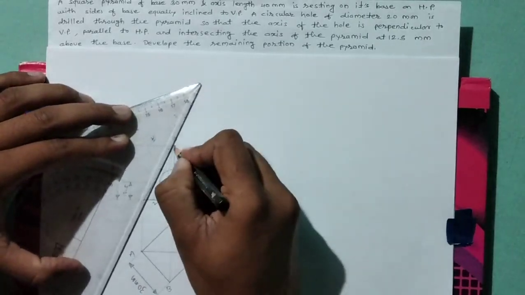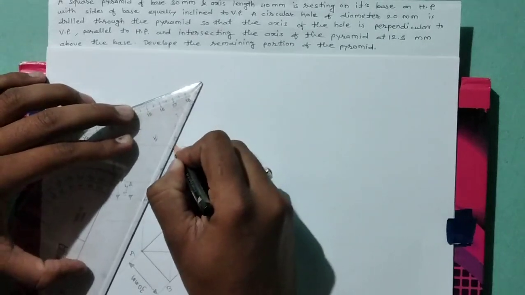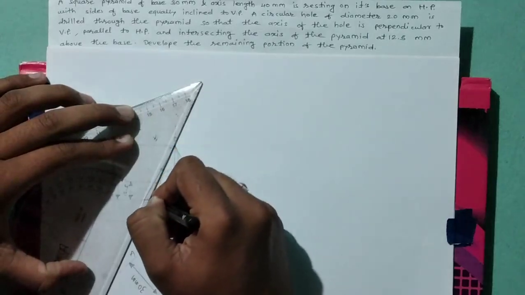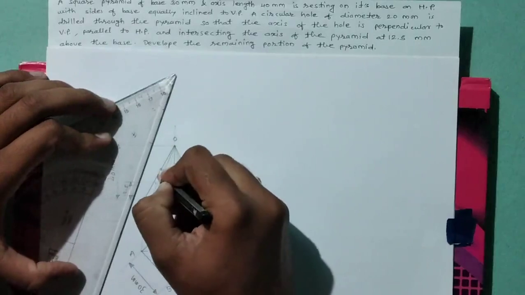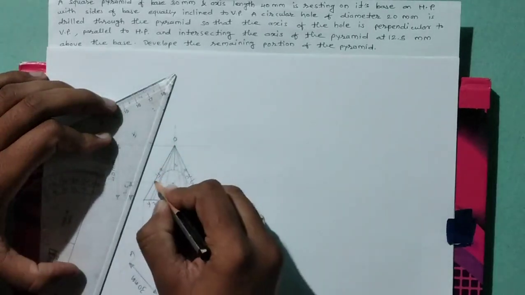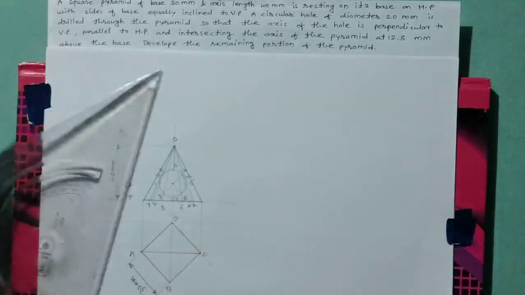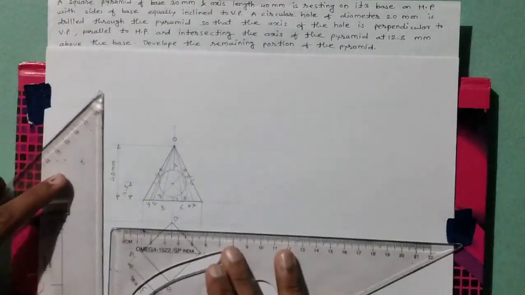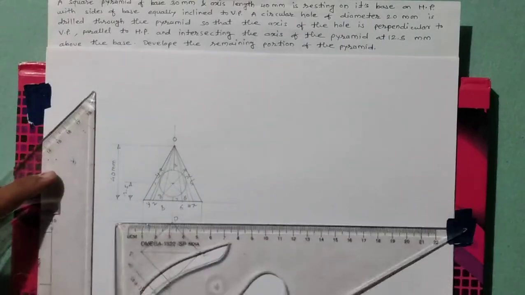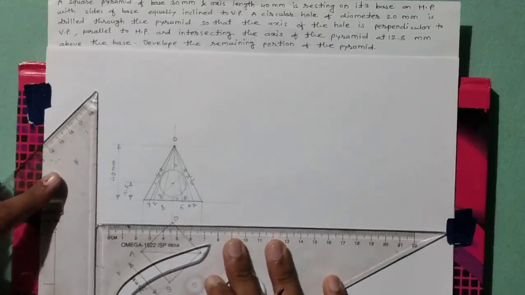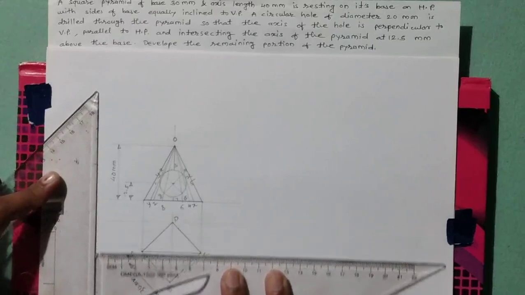After that, take the line from O touching this circle, and name this point Y. No need to take point 1. After that, taking all the projections, we take all these points in the top view.